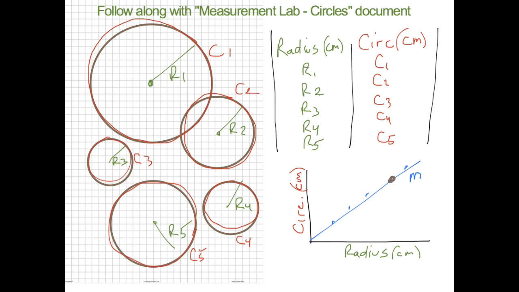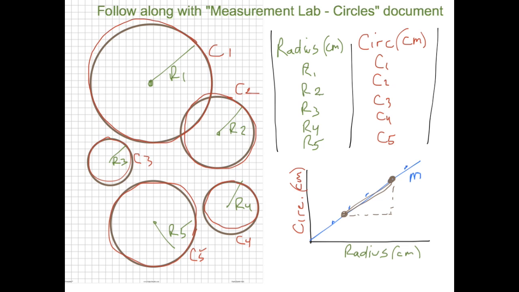You can pick any 2 points. Back up here for a second. Sorry about that. Let's pick 2 points here on this line right here. We want to find this slope right here. And we know that slope is rise over run.